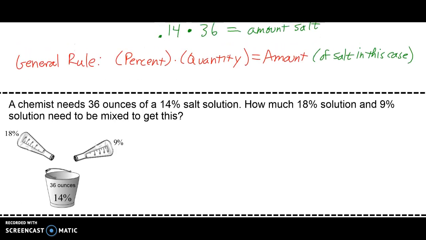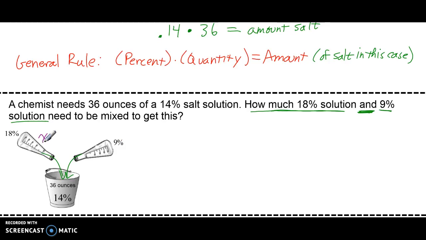We've got these two quantities: how much 18% solution and 9% solution need to get mixed to make 36 ounces of a 14% solution. So there are two variables here. There's going to be some amount of the 18% solution and some amount of the 9% solution.